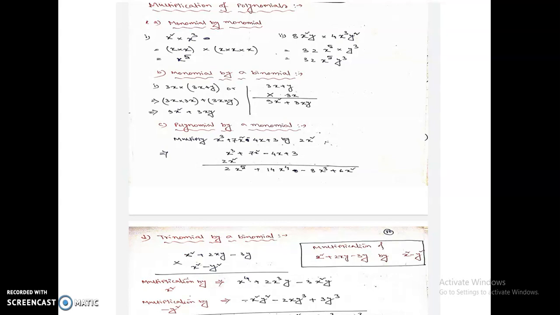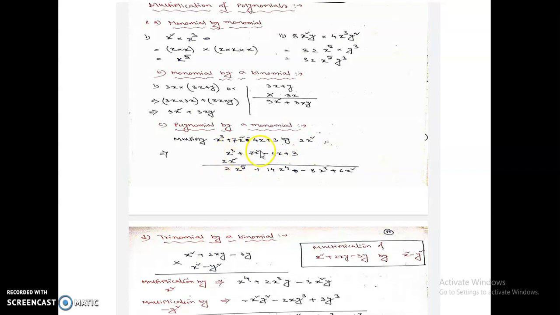Now we will discuss the multiplication of a polynomial by a monomial. Okay, so here you can see that we are actually multiplying x cube plus 7x square minus 4x plus 3 by 2x square. So this first expression is a polynomial, and I am multiplying this polynomial with the monomial 2x square.